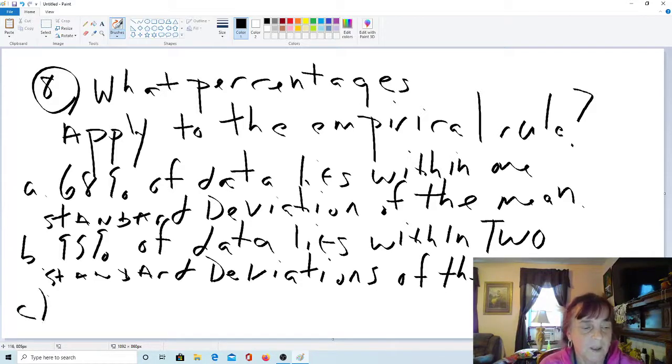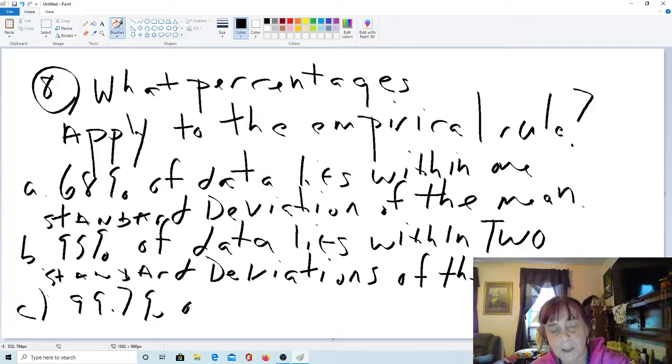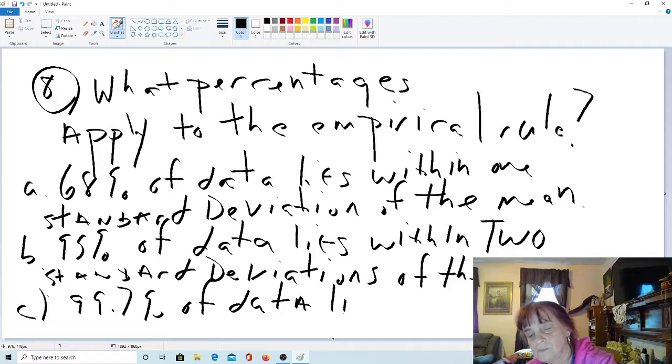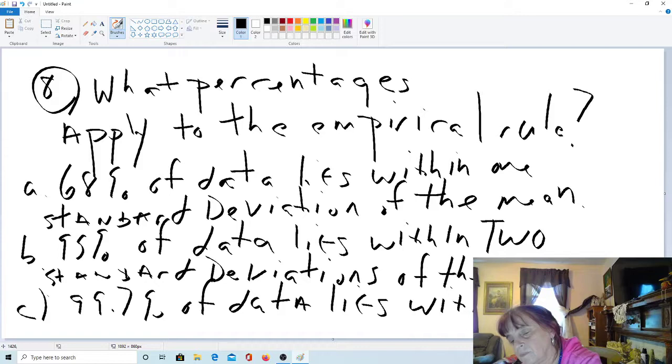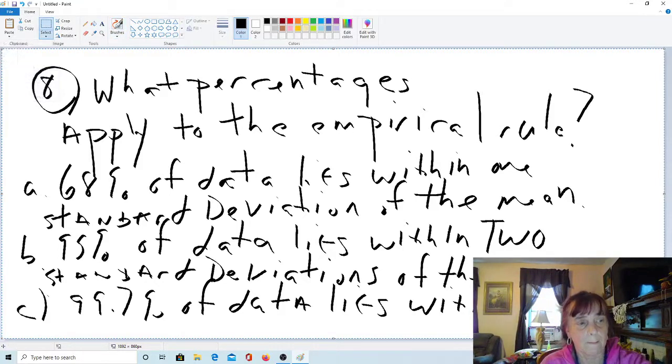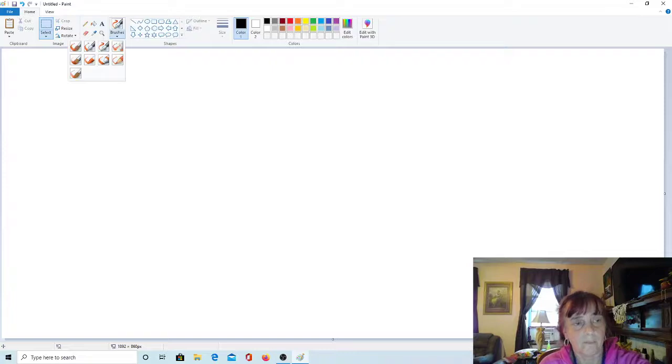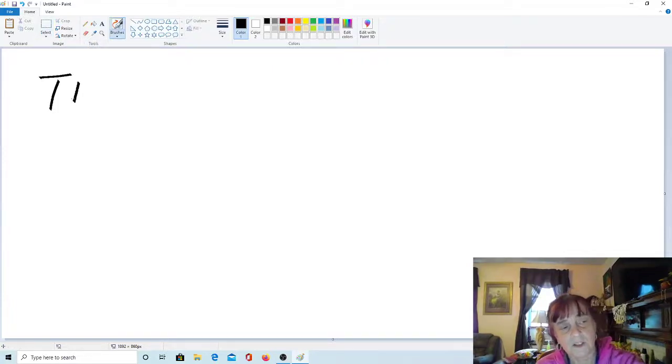And C, 99.7% of data lies within 3 standard deviations of the mean.